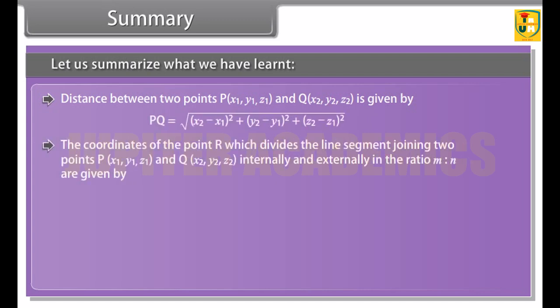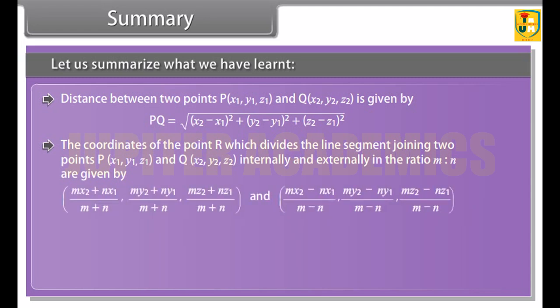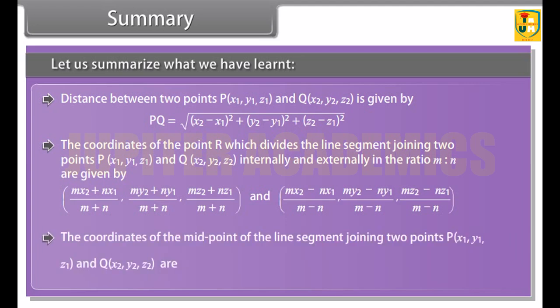The coordinates of the point R, which divides the line segment joining 2 points P (x1, y1, z1) and Q (x2, y2, z2) internally and externally in the ratio m:n, are given by the section formulas, and the coordinates of the midpoint of the line segment joining 2 points P (x1, y1, z1) and Q (x2, y2, z2) are as well.